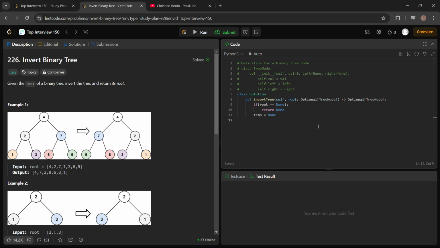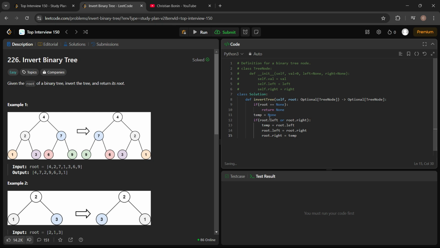So what we're going to do, if root.left or root.right, then temp equals root.left. Root.left equals root.right, and then root.right equals temp.